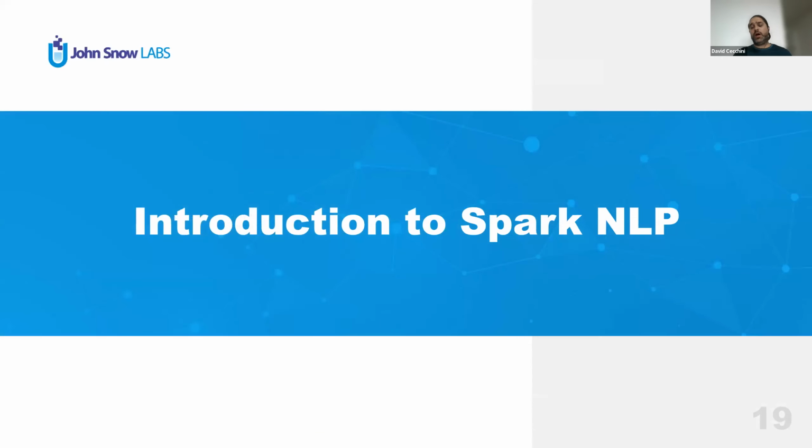Okay, so now I would just make a brief introduction to Spark NLP, and then I will show you how to use the code to use Wave2Vec or Hubert to make translation from audio to text, so speech to text or ASR.